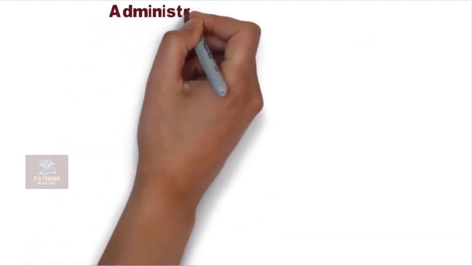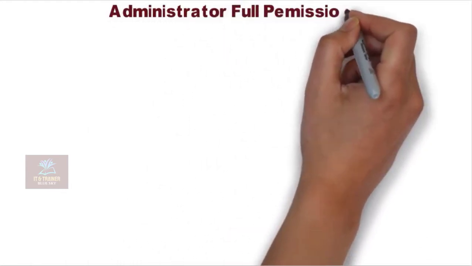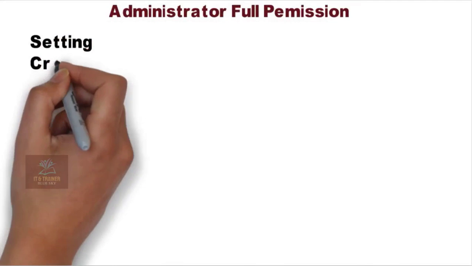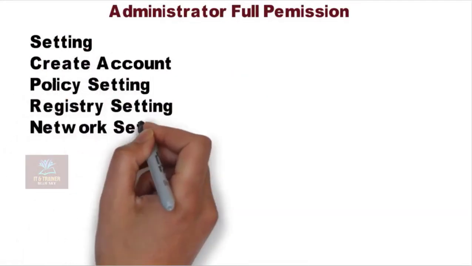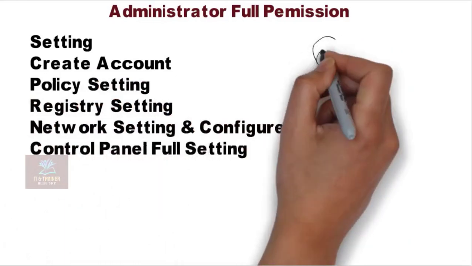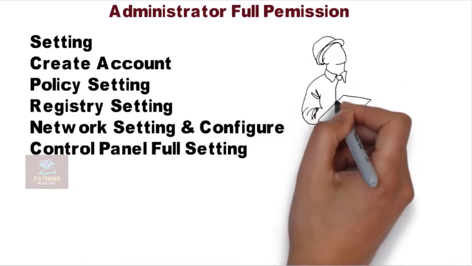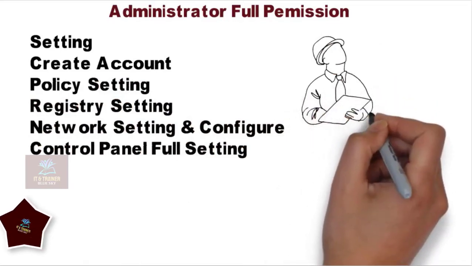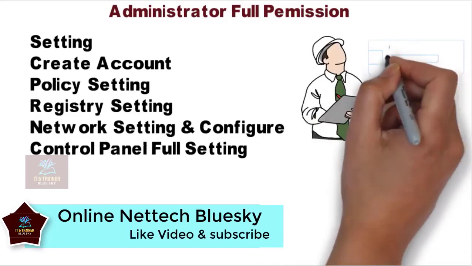So again, understand about administrator. The administrator user has full permission: change settings, create accounts, policy settings, registry settings, network settings, configuration, control panel, full settings. Our engineers created the administrator account with a lot of permissions. Why? Because this is the main user.